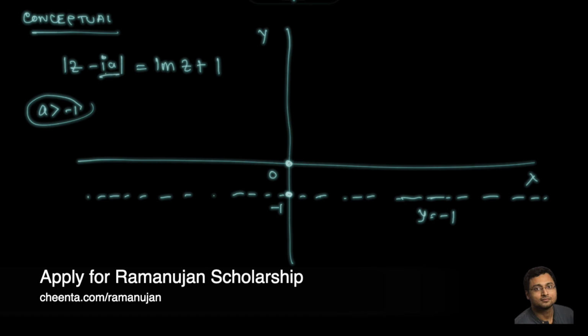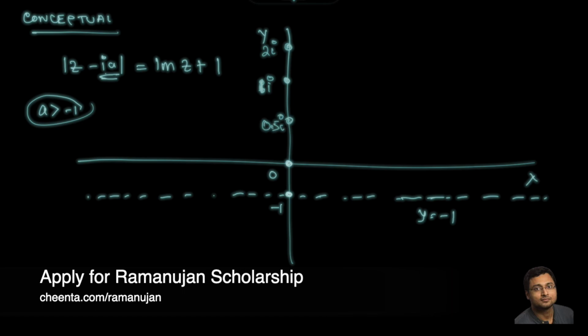Now we have ia. ia is a point on the y-axis. Any point on the y-axis is i times something, right? This is maybe 2i, this is 3i, this is 1i, this is maybe 0.5i.